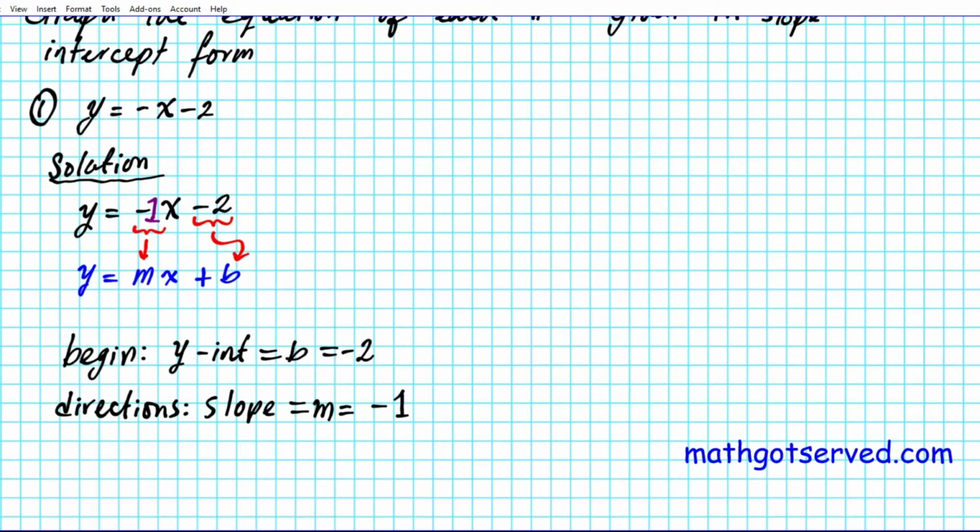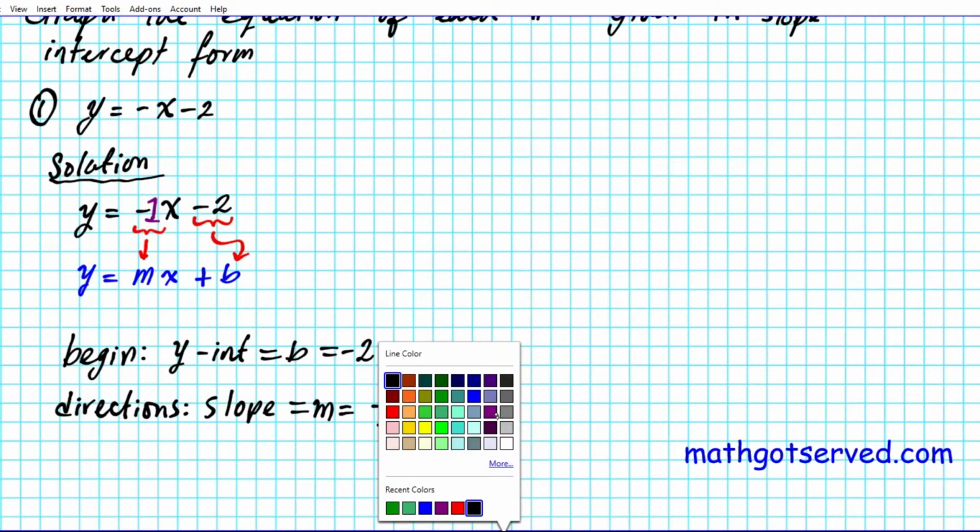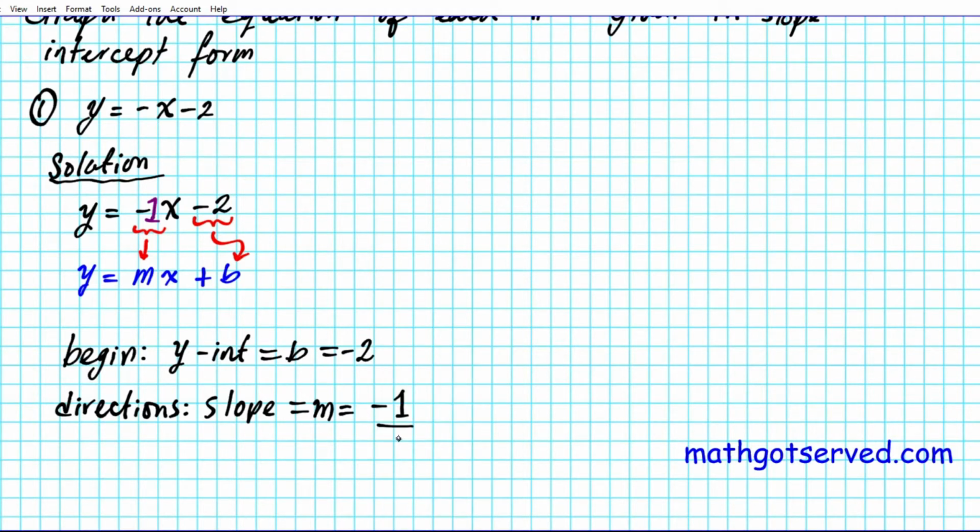How do you graph this? In order to have the directions, we need a rise and a run, or a fall and a run. This is just a number, so we need a denominator component. Anytime you have an integer, you have to express it as a fraction if it is the slope. Since you have an integer, the default denominator is just 1.